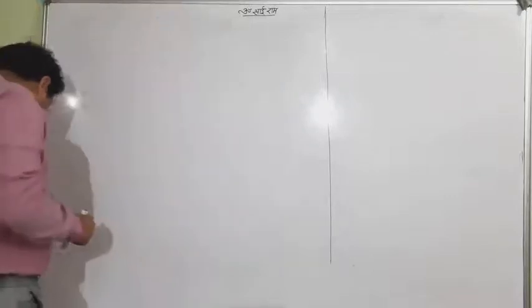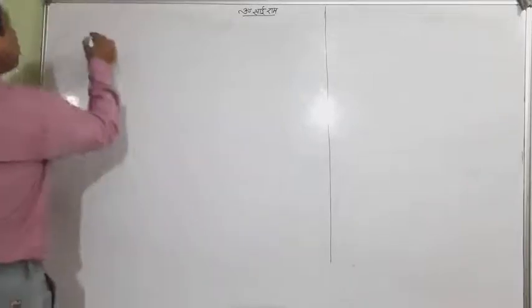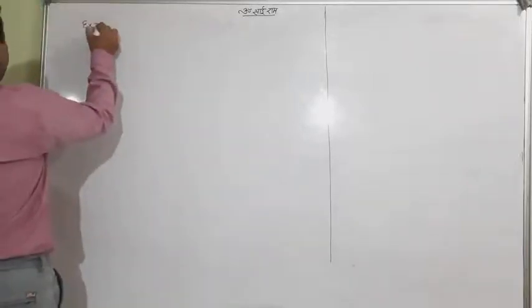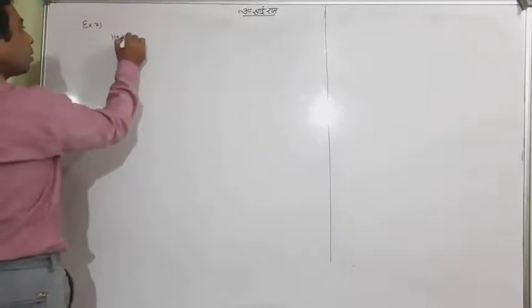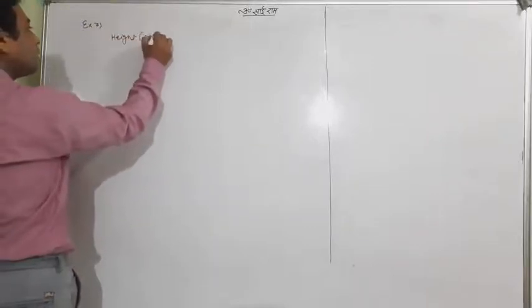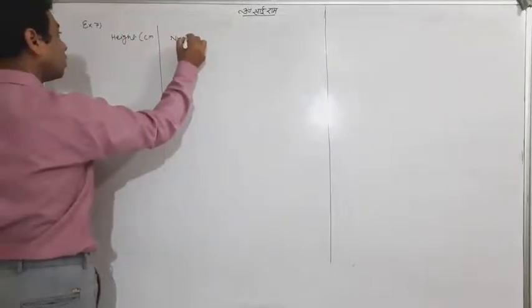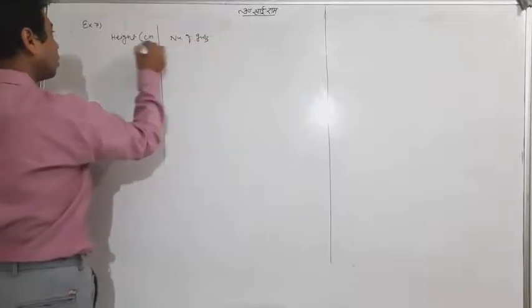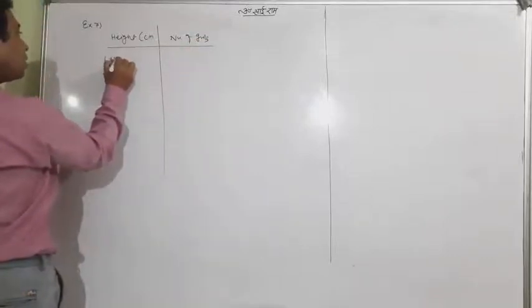We have one question. You can see in example number 7, where a height is given in centimeter, and this is a number of girls given. When you observe here, the language is changed.